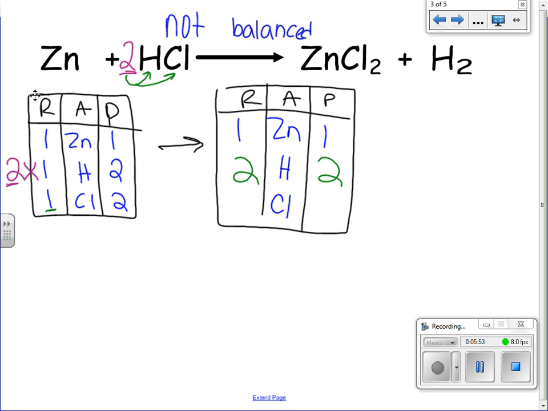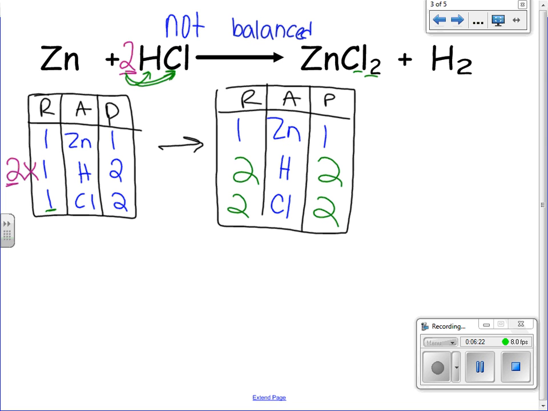And since that 2 gets multiplied through that compound, we now have 2 chlorines in the reactants. And then we've always had 2 chlorines in the products, because of Cl2, and so that hasn't changed.